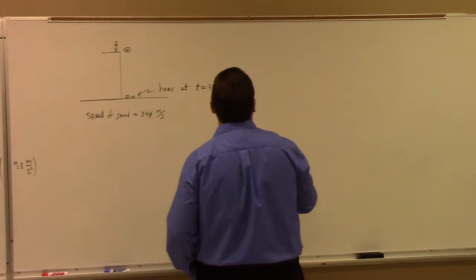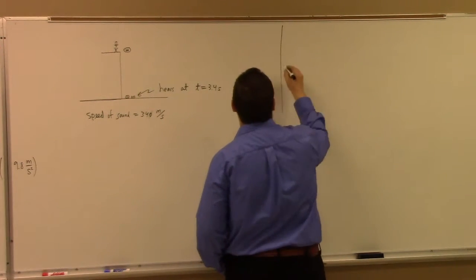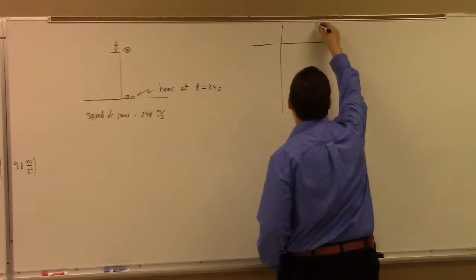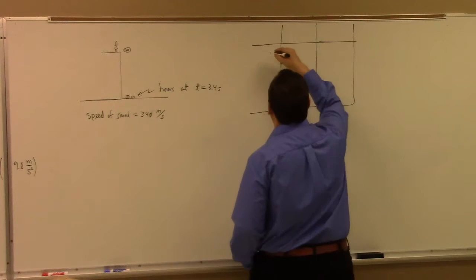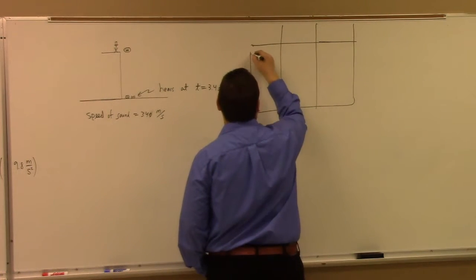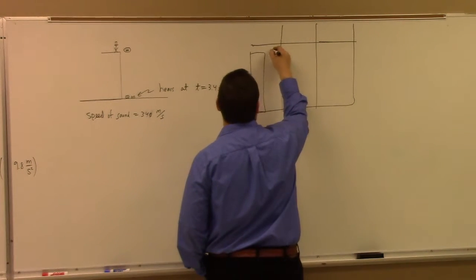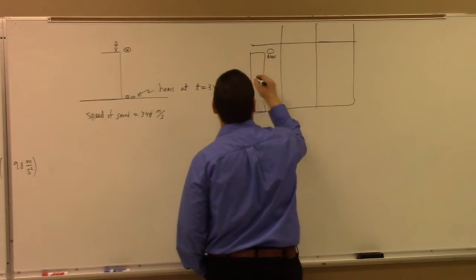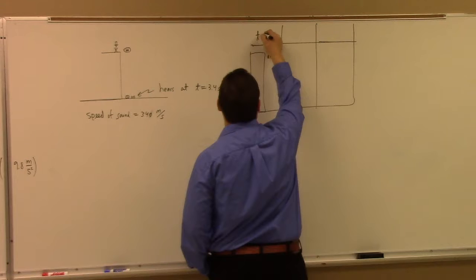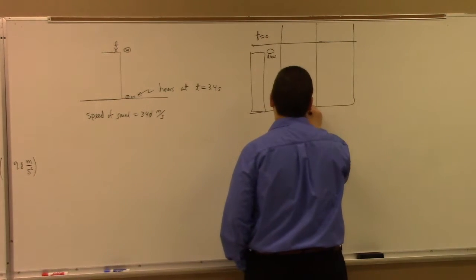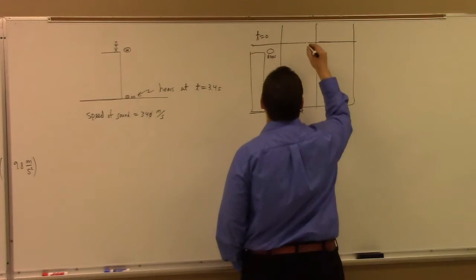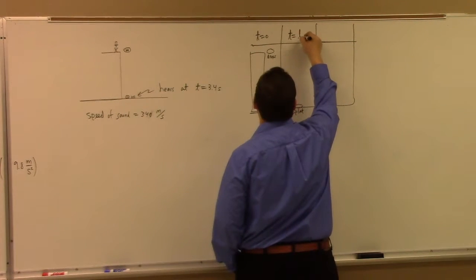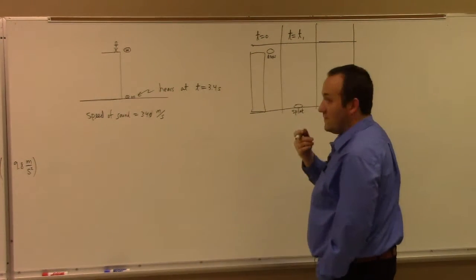I think sometimes for this kind of problem it's helpful to draw maybe 3 things. I mean, I don't know, I find this helpful sometimes. So to start with, you have the watermelon drops. This would be t equals 0. And then here we go, splat. This is t equals, say, t1. All right?